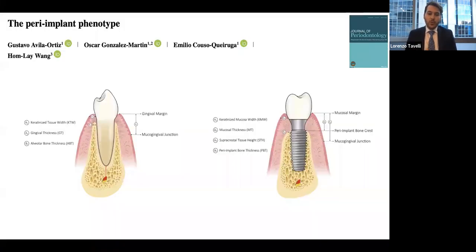But in order to better discuss this condition, and the topic of our lecture, peri-implant soft tissue augmentation, we have to define what the peri-implant phenotype is. This is a concept that has been introduced by Dr. Velortis and co-workers with this commentary published in the Journal of Periodontology.